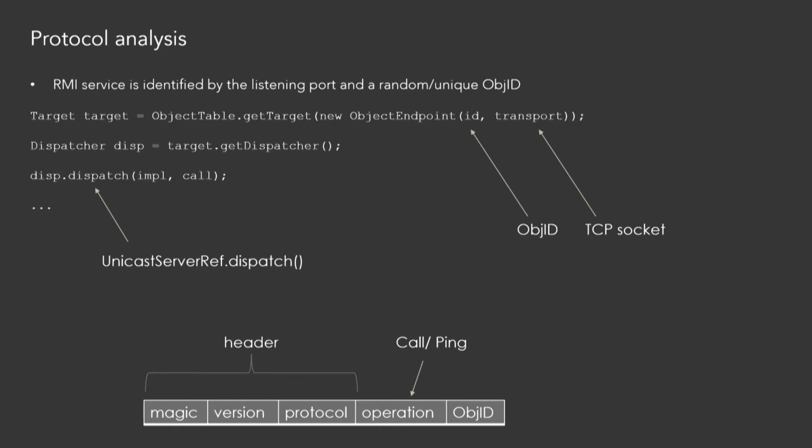It's using the object ID and the TCP socket that the server is listening on, and it composes an object, and you search a hash table, the object table, to find a matching object of that type.